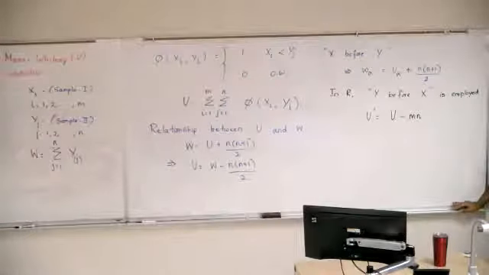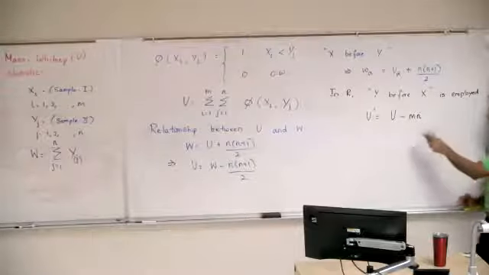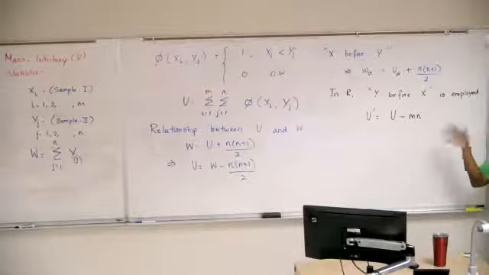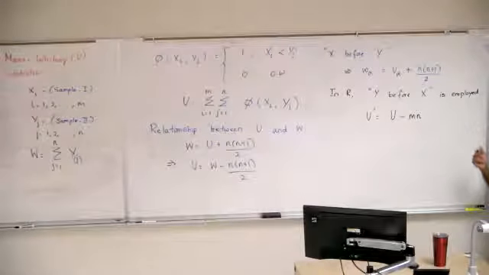Simply, whatever U value you have, subtract it from mn. Good.